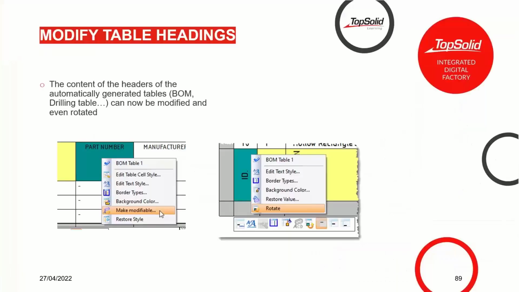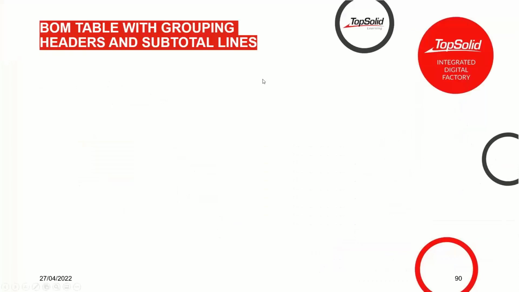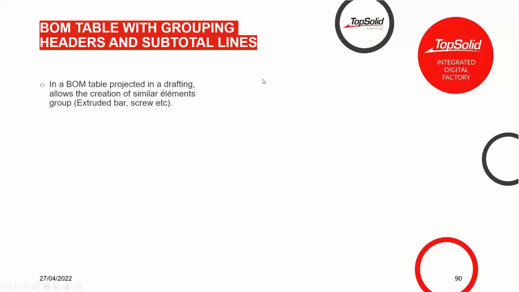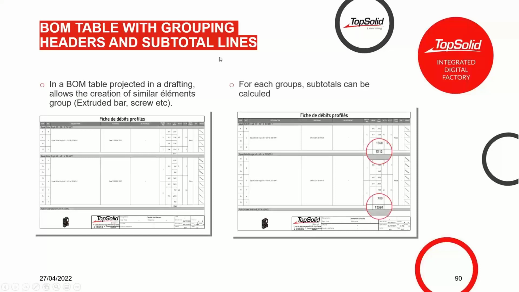All right, let's go back to the presentation. This one is pretty cool. I think some of you might have been waiting for this. So in BOM tables, it is possible now to group common items. If the material is the same, it'll group them automatically like so.